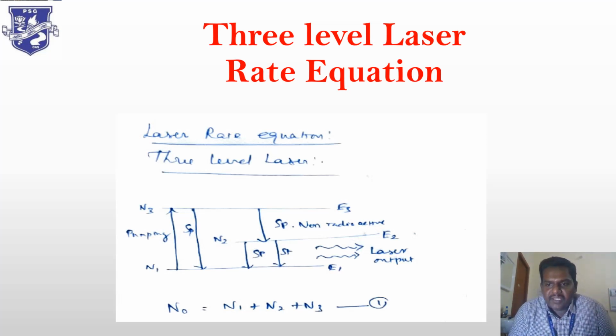First, before entering into the mathematical treatment, let's look at the basic procedure followed in this 3-level laser system to achieve lasing action. Initially, while we are supplying energy by means of an optical or electrical source, the atoms available in the energy state E1 will absorb the energy and get excited to the energy state E3.